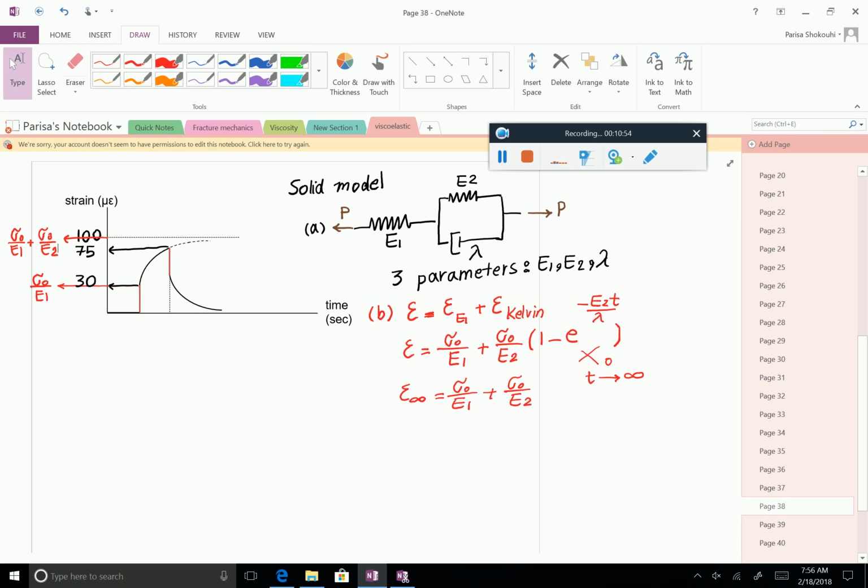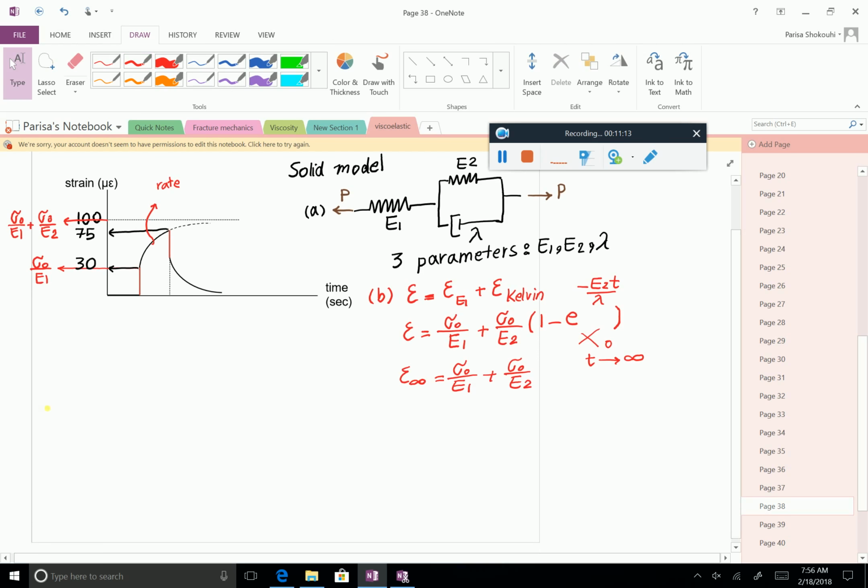And we know that this retarded deformation, the rate is according to the exponential that we know. Okay, so now we are ready to go.